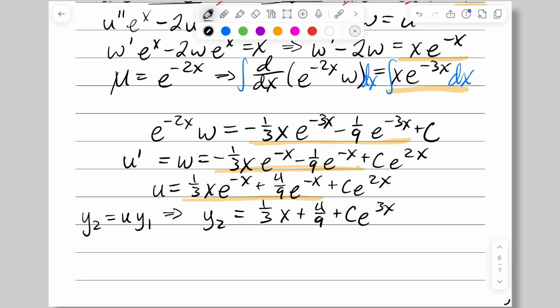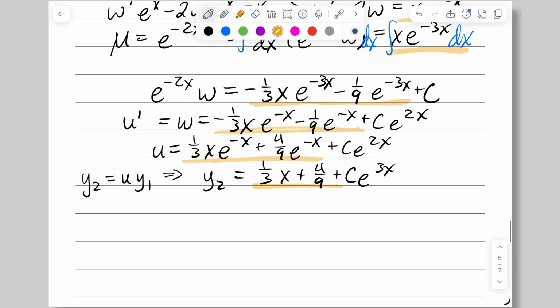So the right-hand side has terms 1/3 x plus 4/9 that only exist because the equation was non-homogeneous. What that means is that the particular solution y sub p is that 1/3 x plus 4/9.